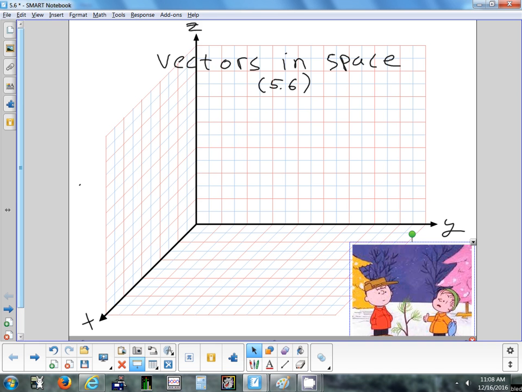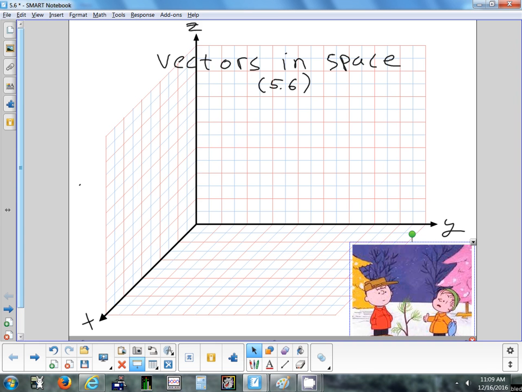If you did that with your left hand, it would be the opposite. So this is called a right-handed coordinate system.